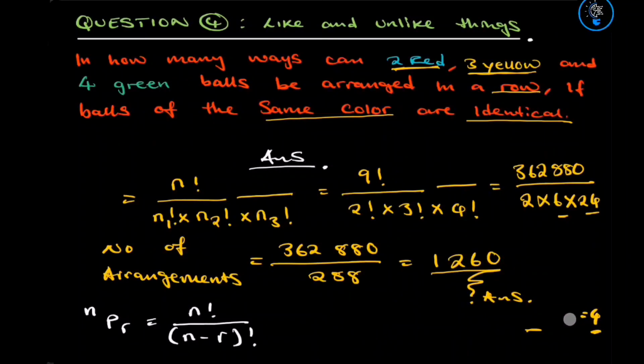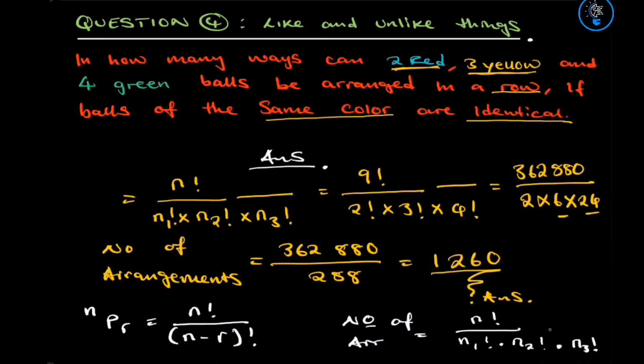But if the items are grouped, then you use this formula: n factorial divided by n1 factorial multiplied by n2 factorial multiplied by n3 factorial. So that's how we go about a question of this kind. Okay, let's handle another question that is similar to this one and see how best we can handle it using our newly introduced formula.